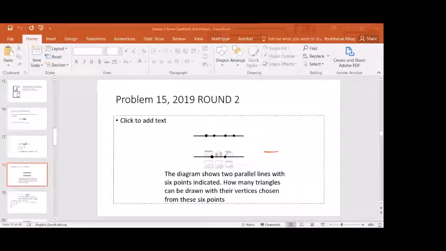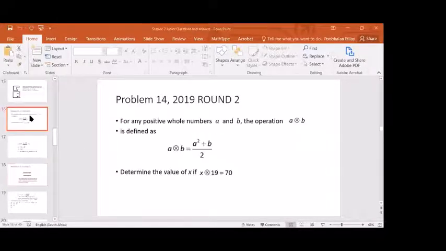All right, so let me get on to the next problem. We're going to problem number 14. Problem number 14 is not so difficult, right? It's much easier than the last one.